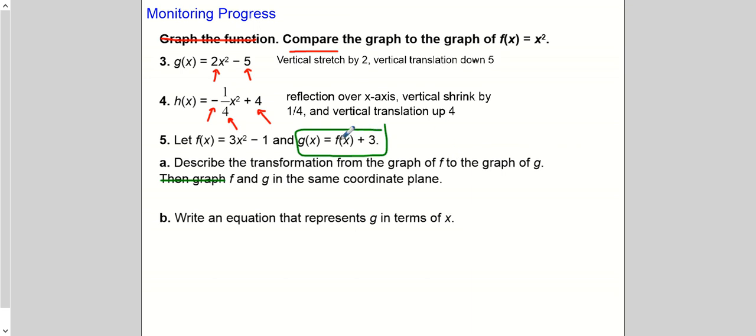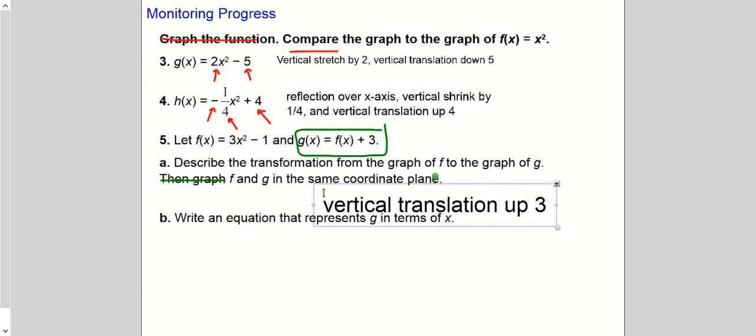So from f to g, we have to add 3. What does adding 3 do? Okay, it's going to move it up. So that's a vertical translation. Up 3 units. Vertical translation up 3.